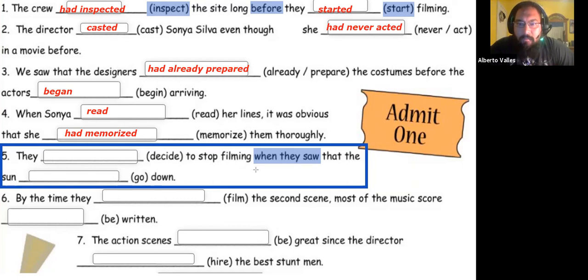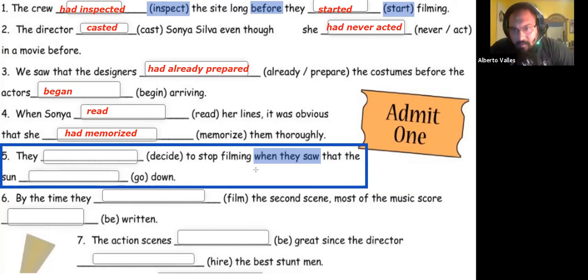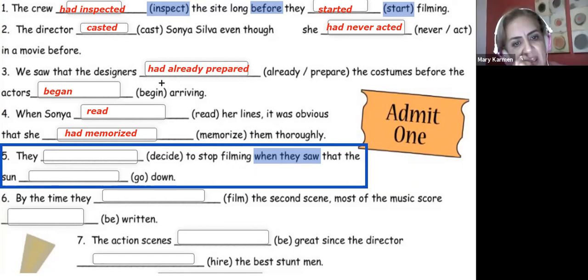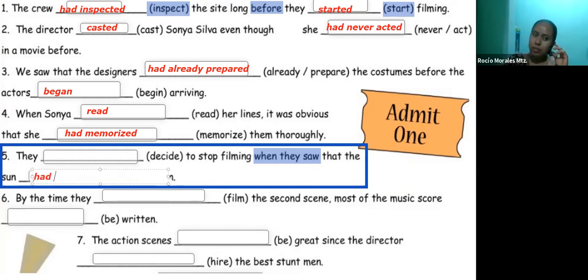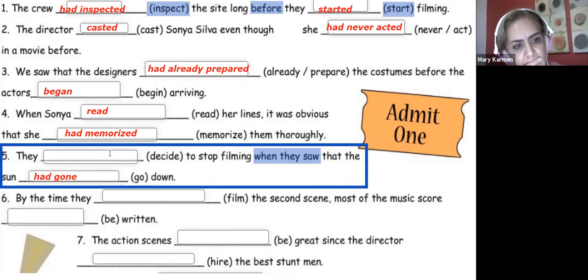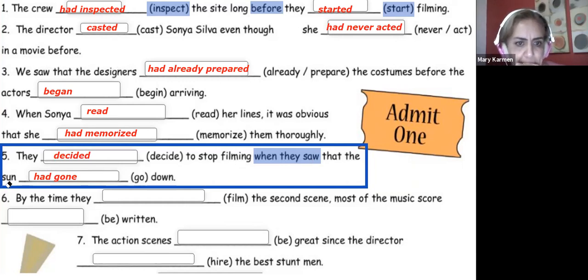They saw something that happened before. So the first thing that happened is that they saw the sun had gone down. The sun had gone down. So that's when they decided to stop filming.